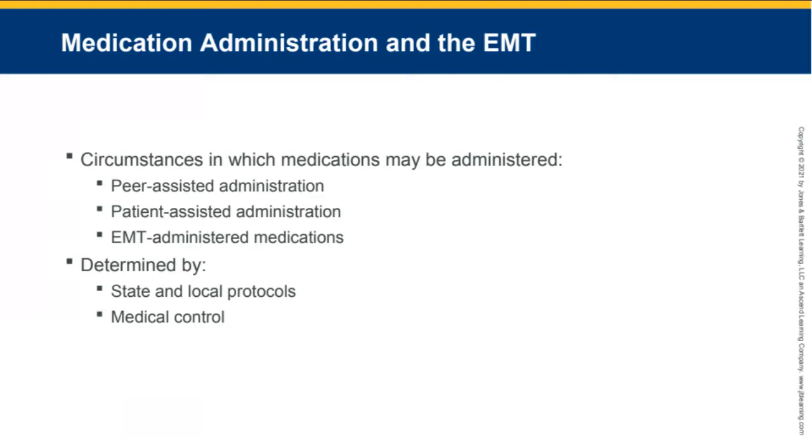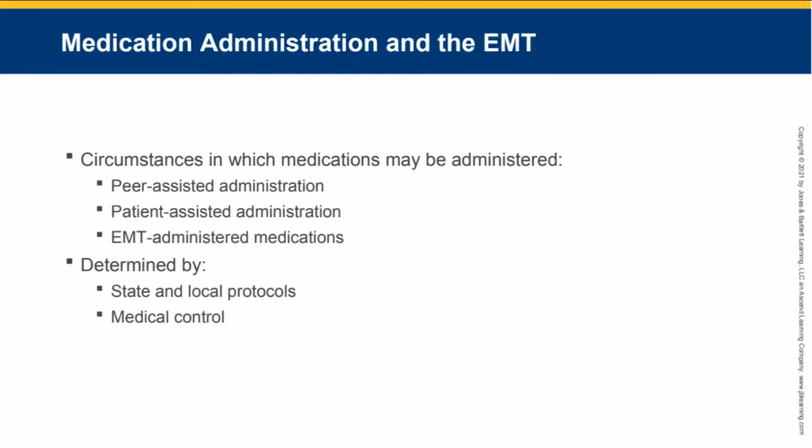Patient-assisted medication. In this situation, you assist the patient when administering his or her own medication. For example, if a patient has an EpiPen, which is the epinephrine auto-injector, you may help to administer it to the patient.